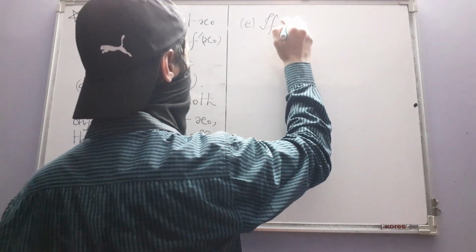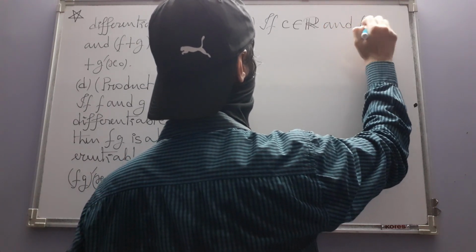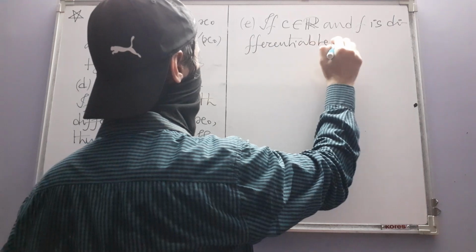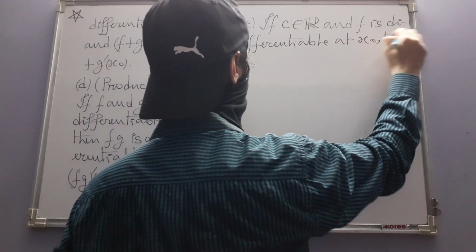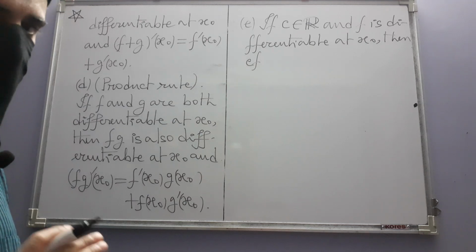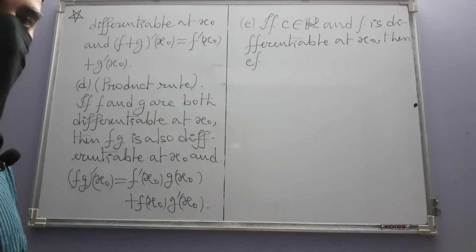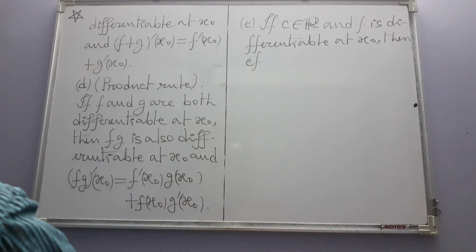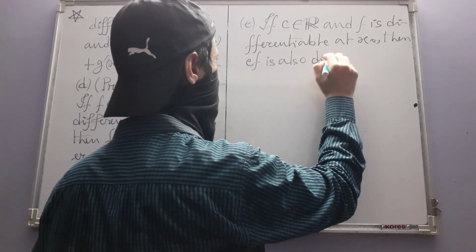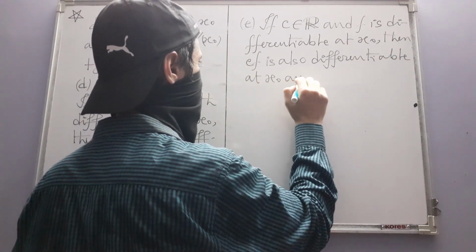If c is any real number and f is differentiable at x naught, then the function cf obtained by multiplying f by c, and we already know what it means, its value at any point x in the domain of f is c times the value of f at x, is also differentiable at x naught, and this is rather easy.